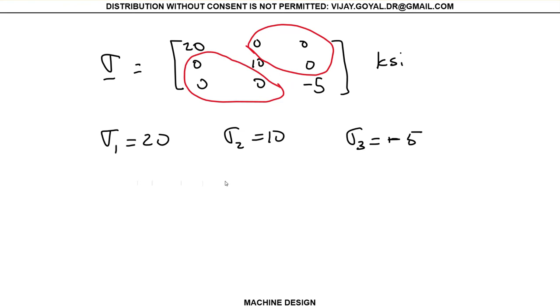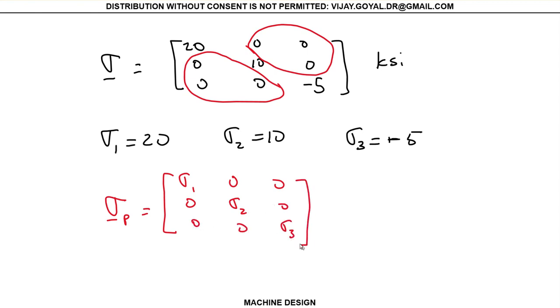When I have diagonal values, that's a principal state of stress. So actually, my principal state of stress is always given by sigma 1, 0, 0, 0, sigma 2, 0, 0, 0, sigma 3. This is your principal state of stress.